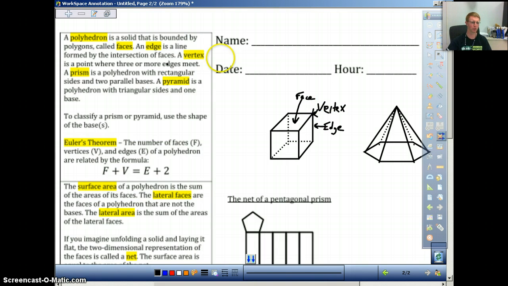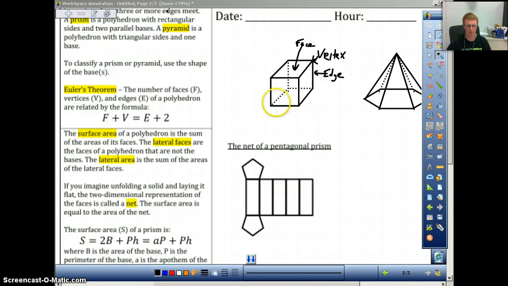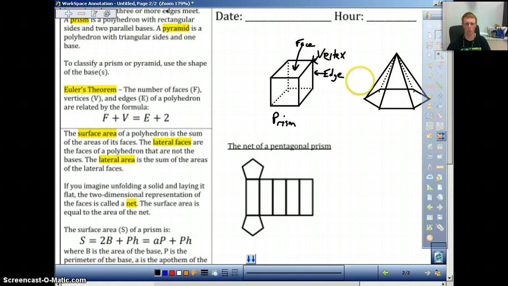Okay? And then it says a prism is a polyhedron with rectangular sides and two parallel bases. What we see here, this is what we call a prism, because we have a top and we have a bottom. That's a good way to remember it: a prism has a top and it has a bottom. And then a pyramid is a polyhedron with triangular sides and one base.